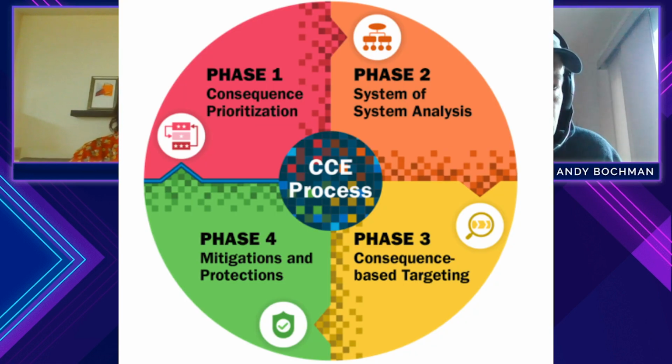Okay. Well, that surprises me, because I thought phase two and phase three, just based on the description in the book, is where most of the work would go on. Phase two is systems of systems analysis, and to me, phase two and phase three are very traditional assessment activities. I see very little that's consequence based there.